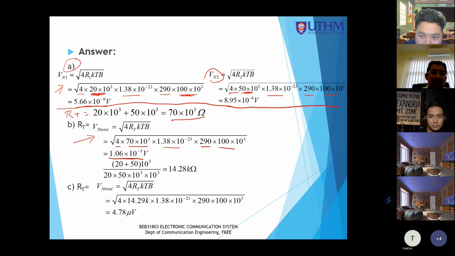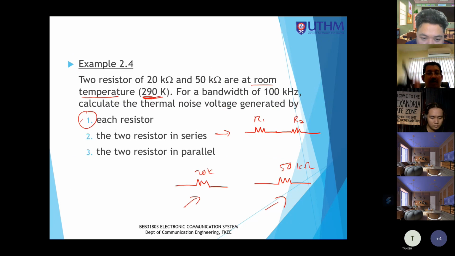Okay, and then what? The third question says find the total noise voltage if the two resistors are connected in parallel. Apa maksud dia? Maknanya kita kena buat sambungan secara parallel, secara selari. Okay, so ini adalah R1 dan juga R2.